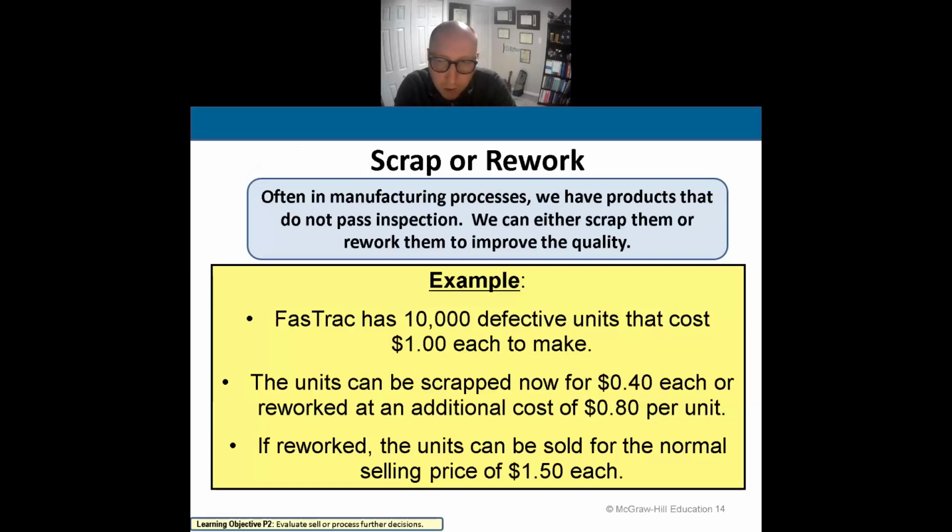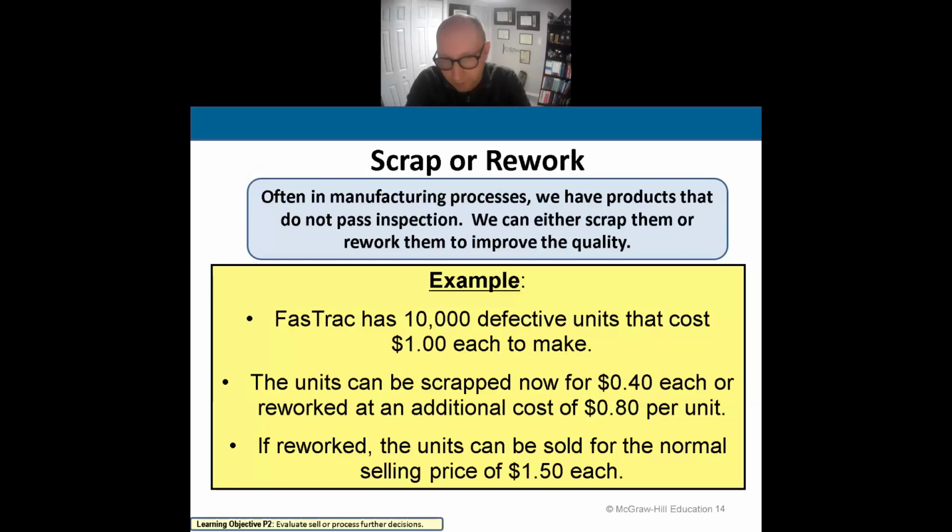Or you can rework these for an additional 80 cents per unit. So you'd spend 80 cents more in order to then sell the 10,000 units. If you rework, the units can be sold for $1.50 each.